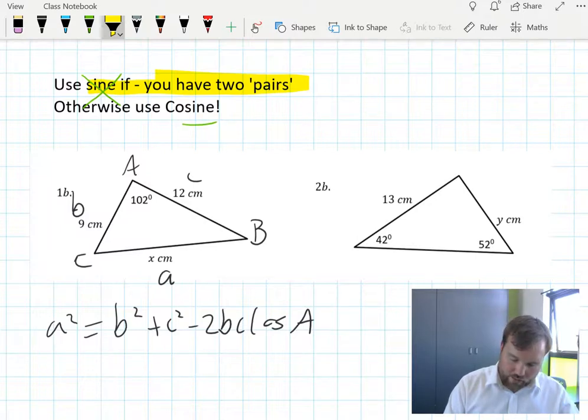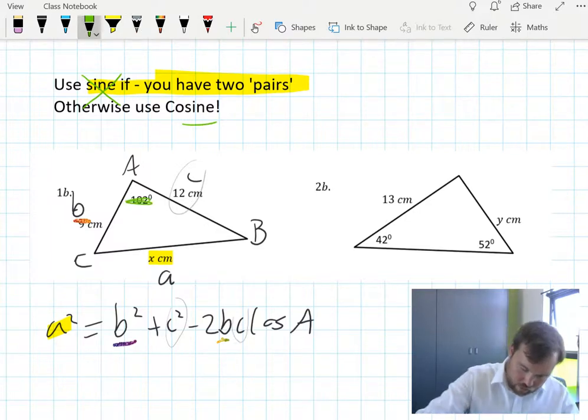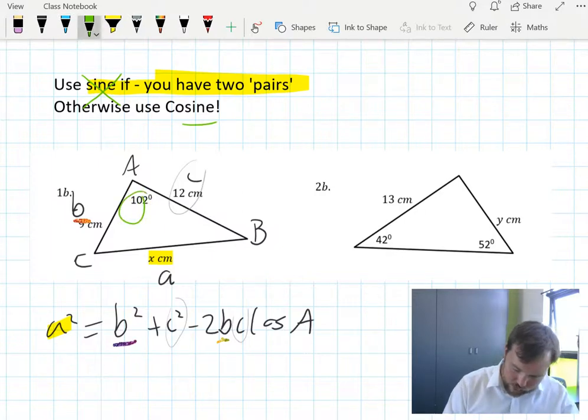For a, we have x. For b, we have b, no worries. For c, we've got c. And for the angle A, we have the angle A.